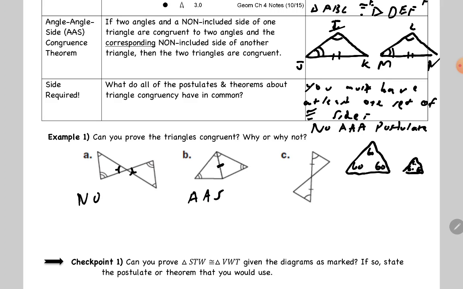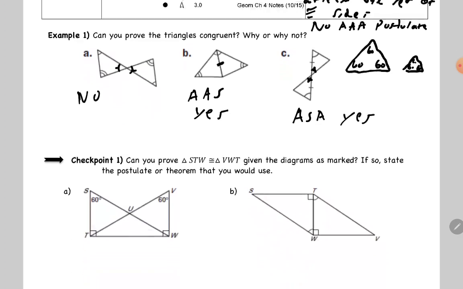Part C, we have this angle in the middle here, because those are vertical angles. So we have angle, side, angle. See how we have two angles and then the side in between. So yes, yes, A is no.